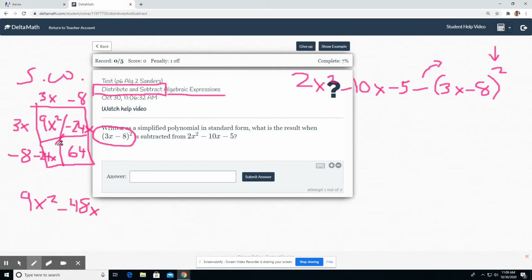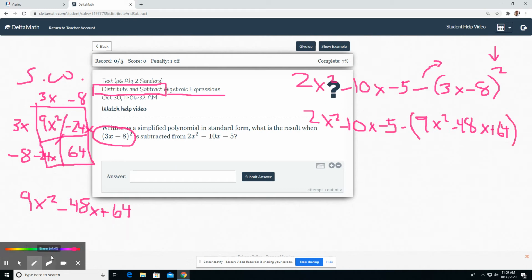These usually combine right here. And then we have our plus 64. So that means now I have 2x squared minus 10x minus 5 minus, don't forget all of this is in parentheses, 9x squared minus 48x plus 64.